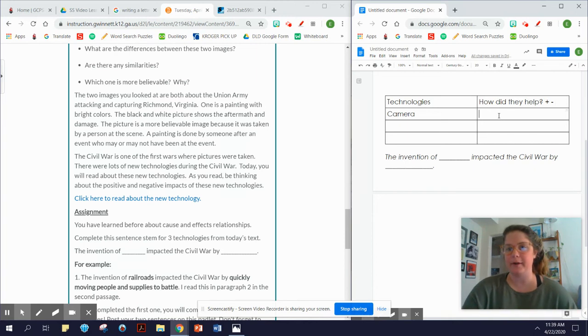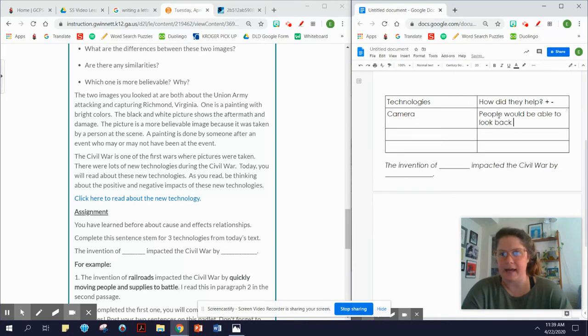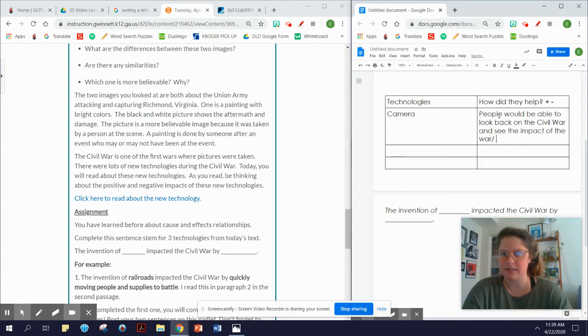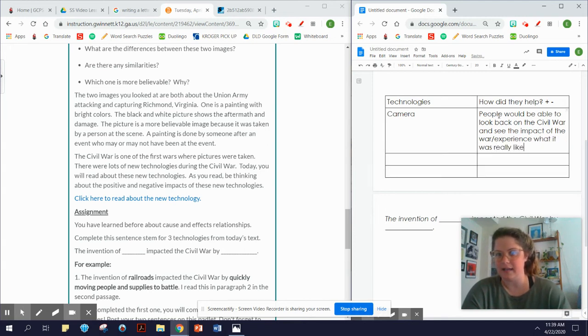I know the camera helped because people would be able to look back on the Civil War and experience what it was really like.